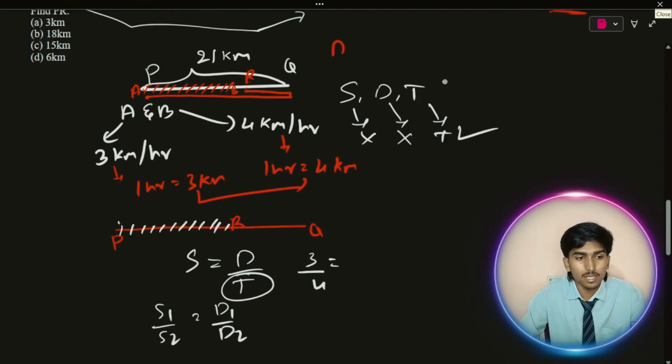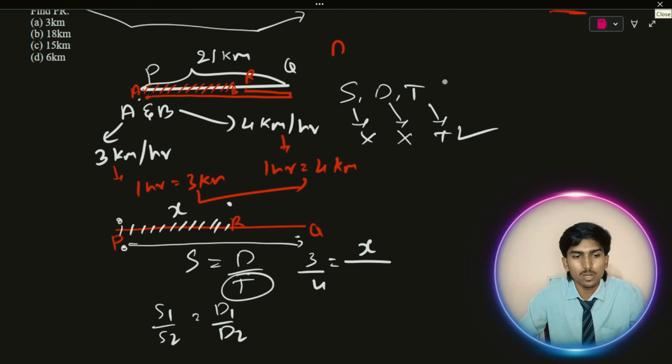A traveled from here to here, let's take this one as x, because we don't know. And distance 2 means how much B traveled from here to here, that is 21 km, already given. And again it traveled extra, coming back from here to here.